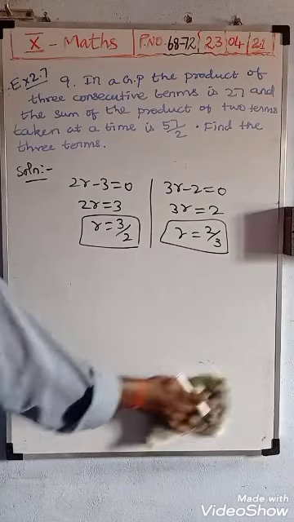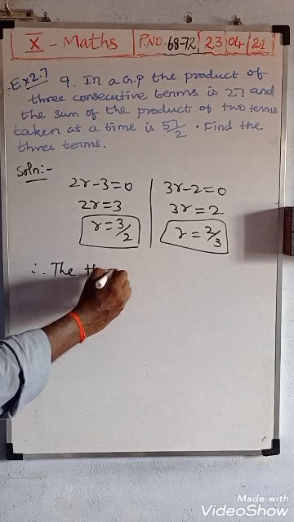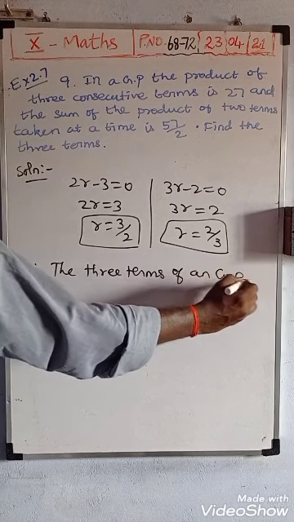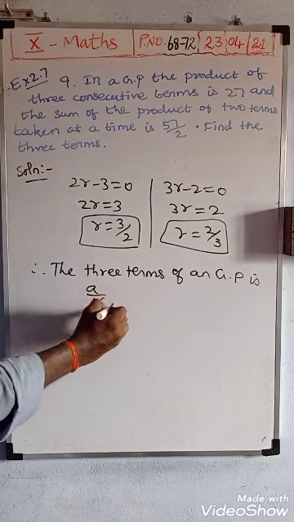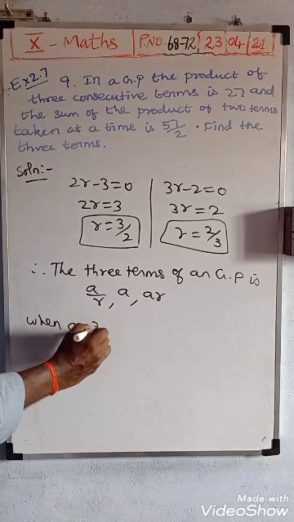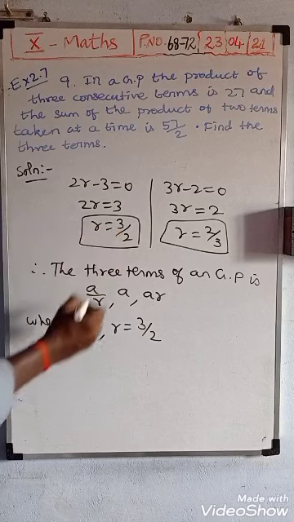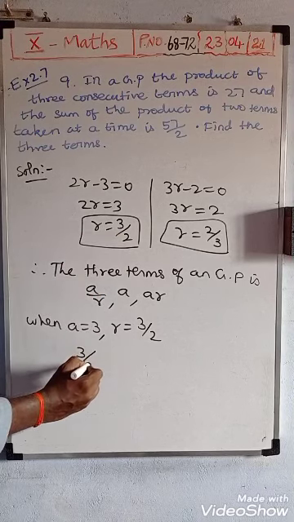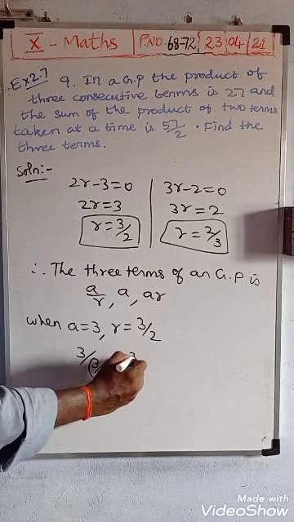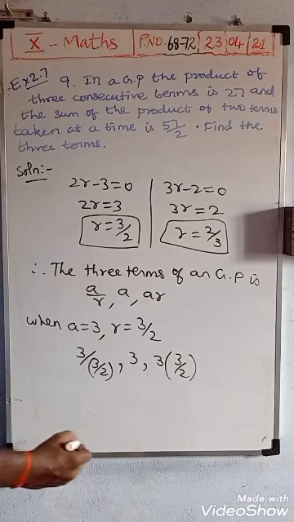Therefore, the three terms of a GP are A by R, A, AR. You substitute when A is equal to 3, R is equal to 3 by 2. A by R: A is 3 divided by R, 3 by 2, so 3 into 2 by 3.